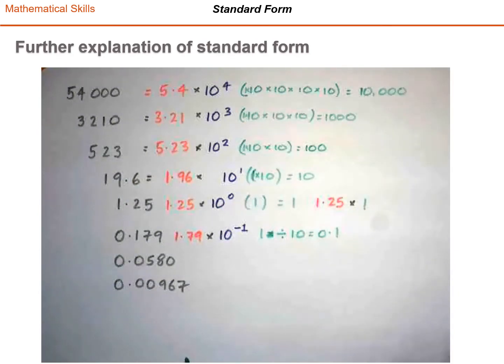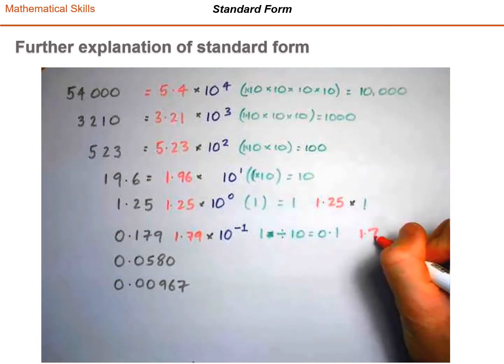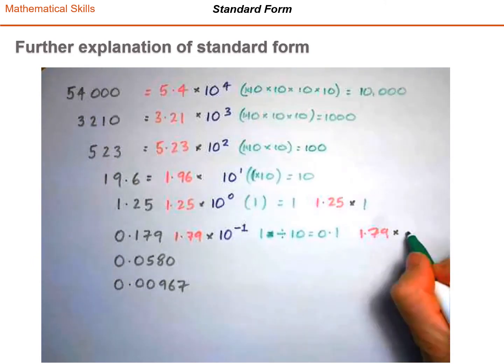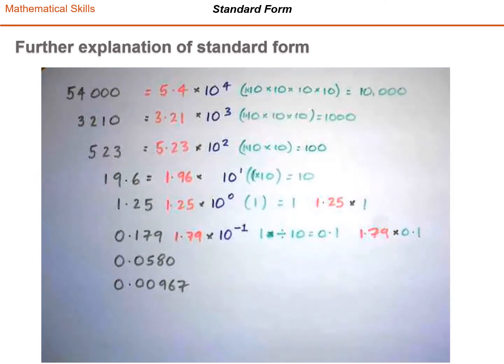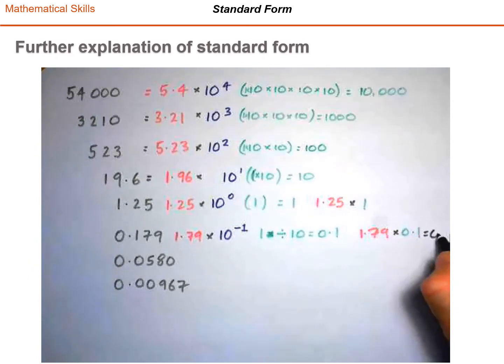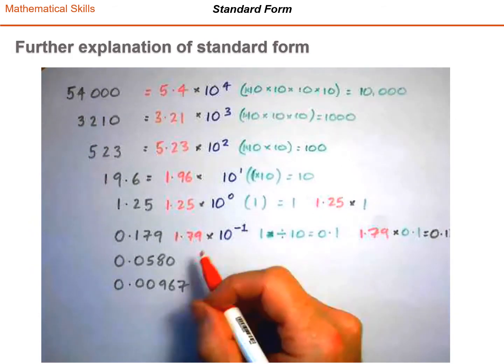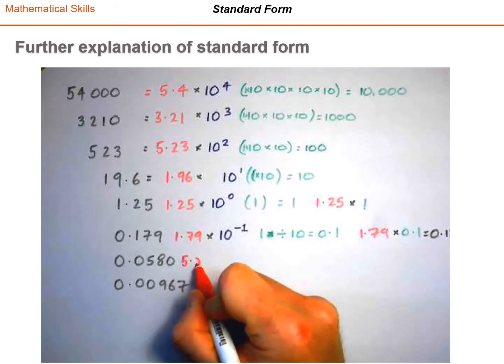So what I'm going to do here is I do 1.79, and then I'm going to multiply that by 0.1, and my answer will be 0.179. Just gone off the screen there, sorry. So we can keep on with that pattern. Here we've got 5.80.